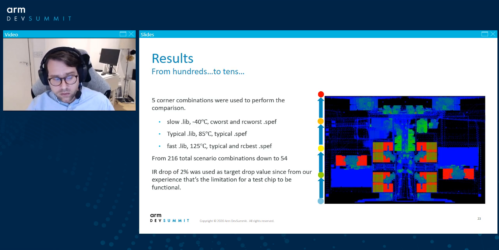And what we did afterwards, after applying a mask and the image recognition algorithm, we came to the outcome that 54 corners out of the 216 seem to have an IR drop issue, and the engineer has to analyze them further. So how did we come up with this 54? We divided the 216 into these buckets.